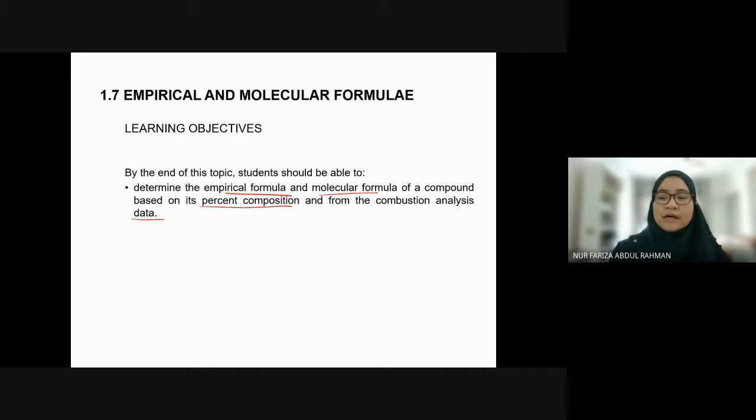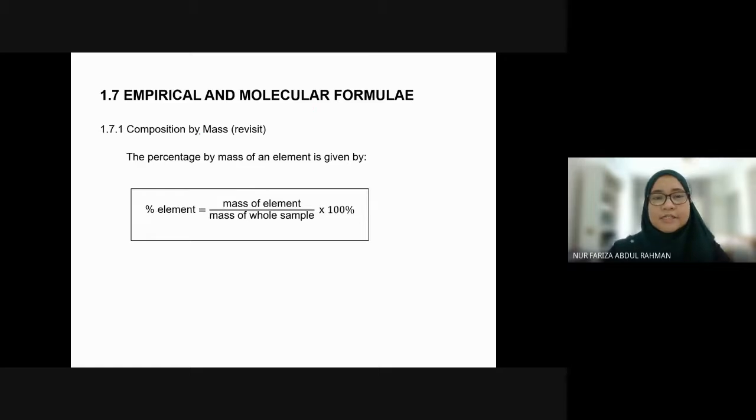So composition by mass, this is just a revisit. You have learned this, like I said just now. The percentage by mass of an element is given by: percent of element is equal to mass of element over mass of whole sample, times 100.